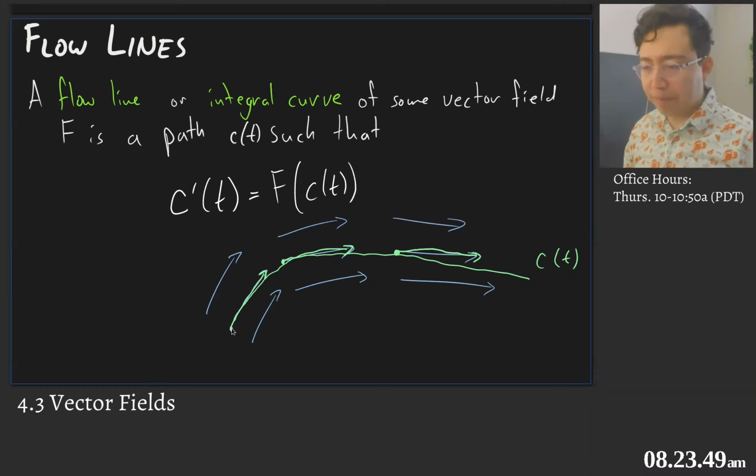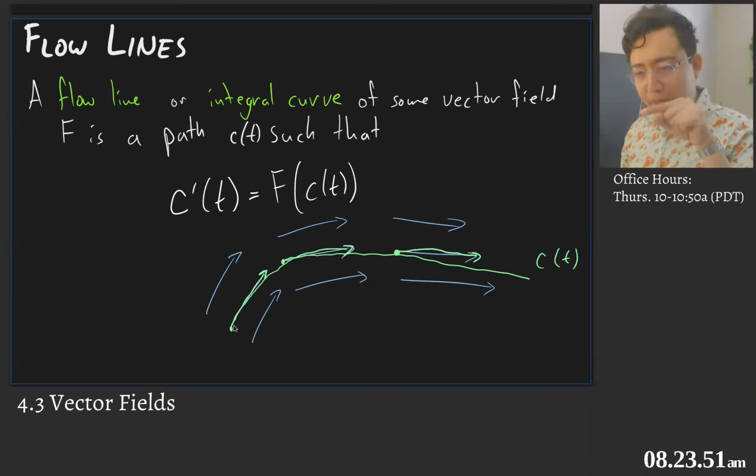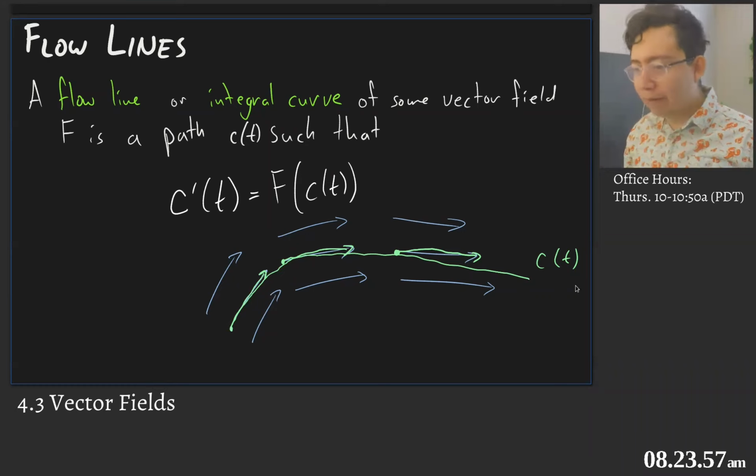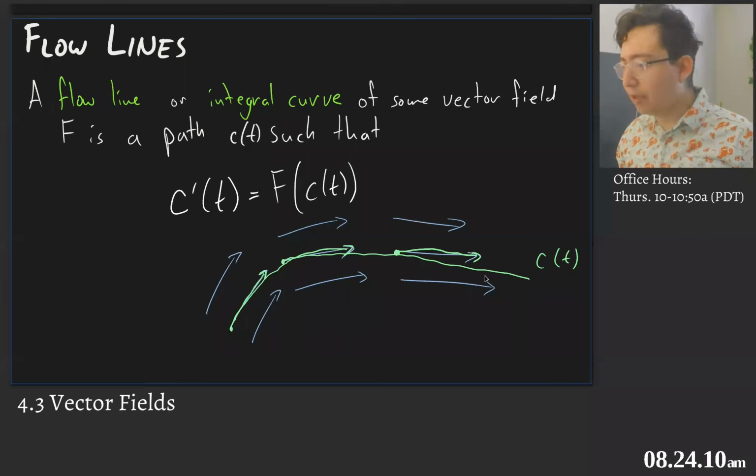That's because if I get plopped here, then I'm only affected by the vector there. And so I follow that, and I keep following wherever it takes me. And that might mean that I never get affected by these vectors out here. So if this vector was pointed way out here, I wouldn't know, because this vector took me this way.